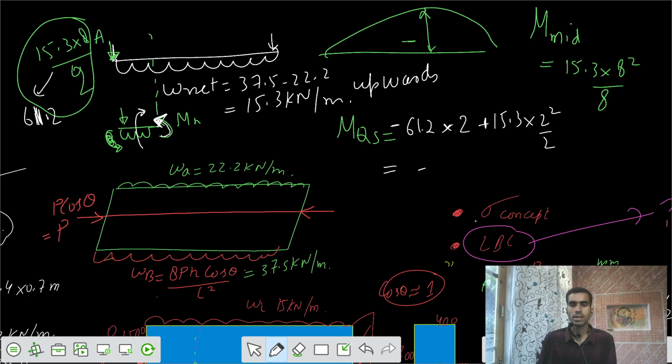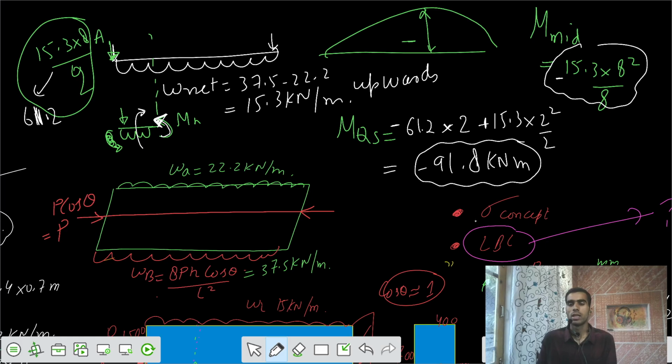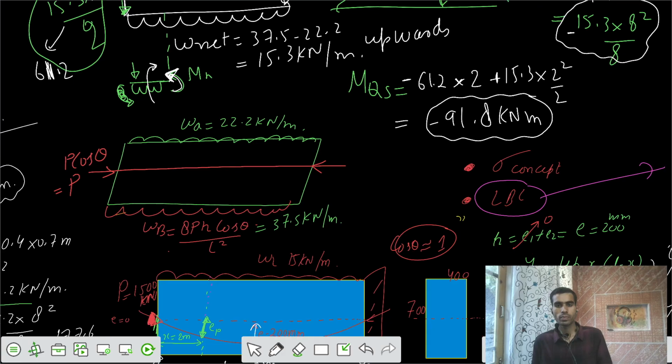So minus 91.8 kilonewton meter, and we can say this is negative because it is a hogging moment. The moment at the midspan is 15.3 into 8 square by 8, that's 122.4 kilonewton meter. We have to substitute those values to get the stresses.